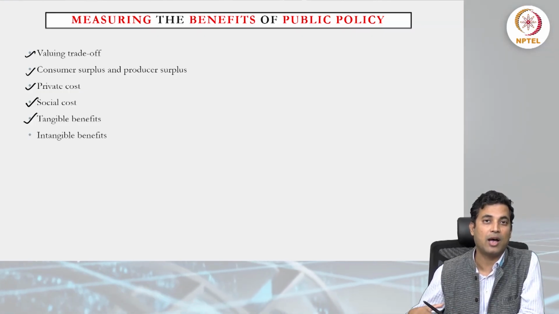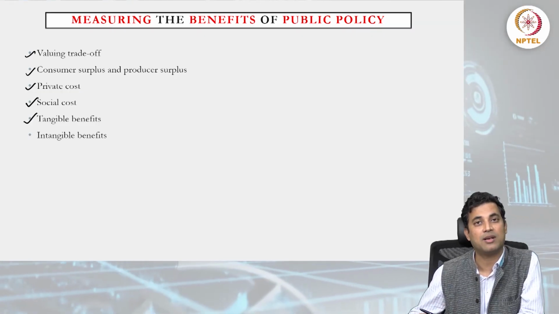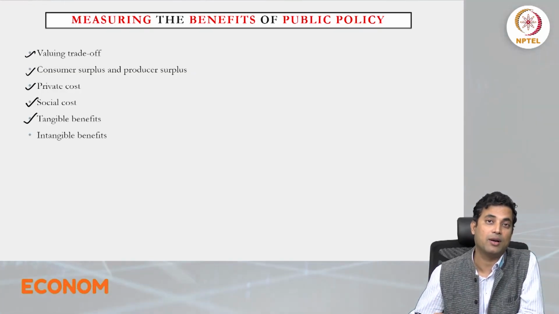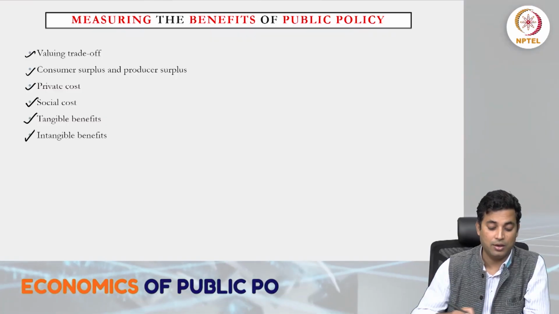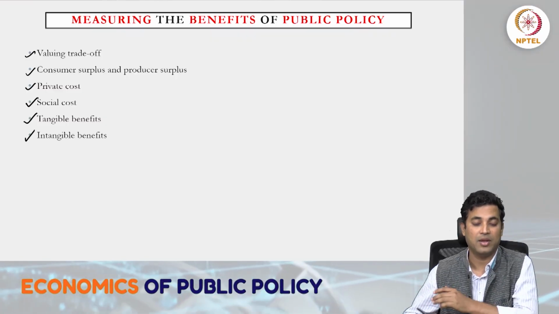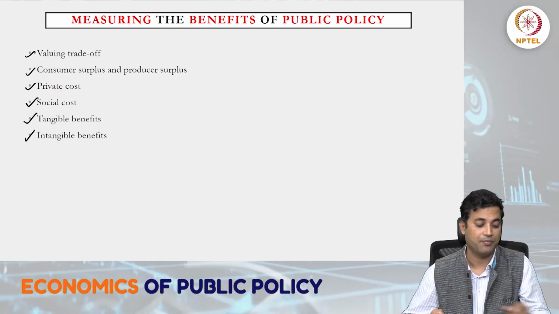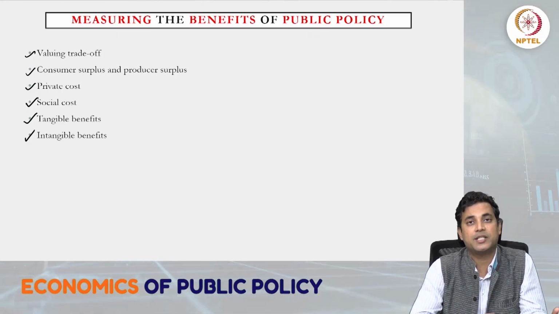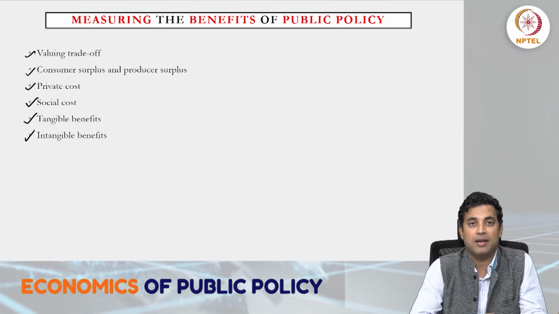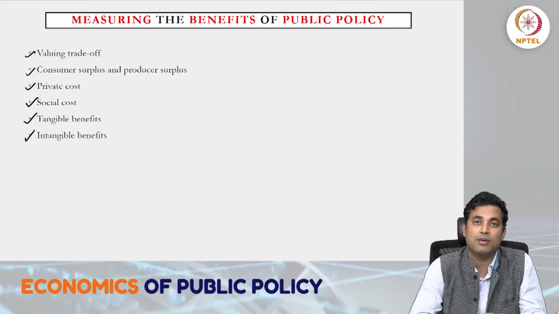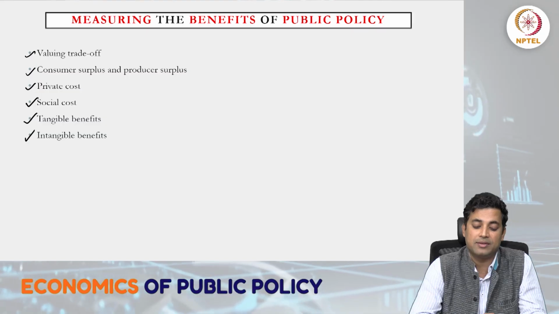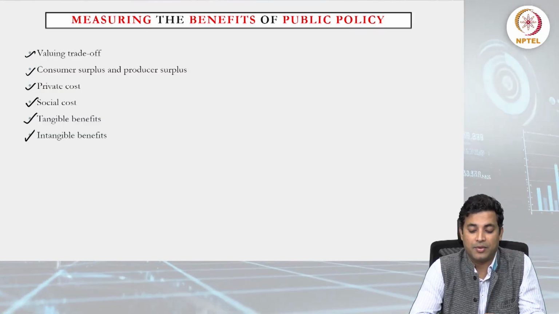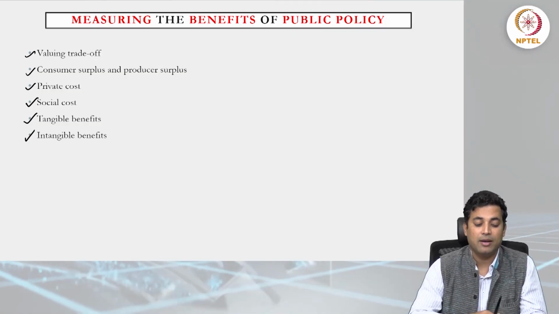So that also has intangible benefits which are very long lasting, an overall positive growth from the public policy point of view. So these are the broad 6 points that I thought I'd discuss while talking about benefits and how we measure benefits in the context of public policy.